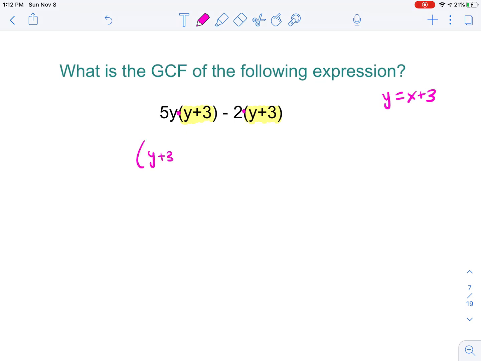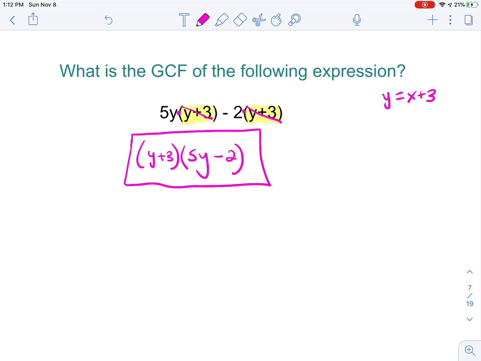So if I factor out y plus 3 from both terms, what am I left over with? Well, I took out the y plus 3, and I'm left with a 5y from the first term. And I took out a y plus 3, and I'm left with a 2 from the second term. That being said, I now have two parentheses that are factored completely. So that's called a common binomial.